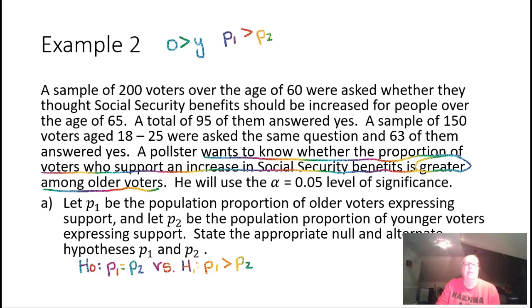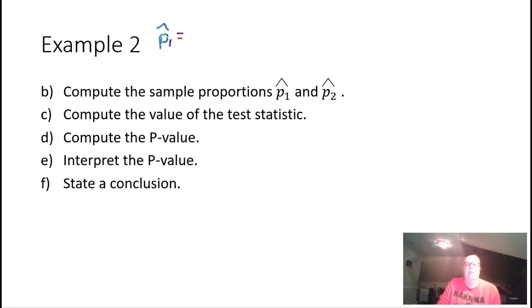So let's see, we've got 200, and 95 of them said yes. So P1 hat is 95 divided by 200. And if we look at that in the calculator, this is going to give me 0.475.